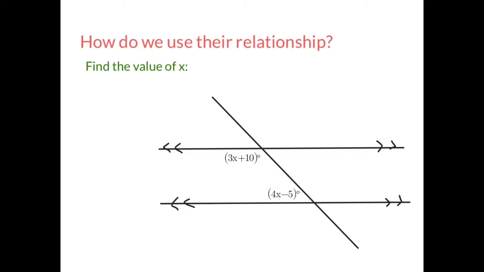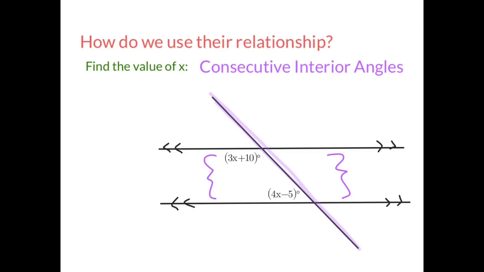Last one, focusing on their interior angles here. Again, these are interior because our two expressions are located inside of those parallel lines. And if we're now referencing their location compared to the transversal, they are on the same side of that transversal, which means we're going to be using consecutive interior angles, which are supplementary, which means that the measure of one of them plus the measure of the other one is going to equal 180.